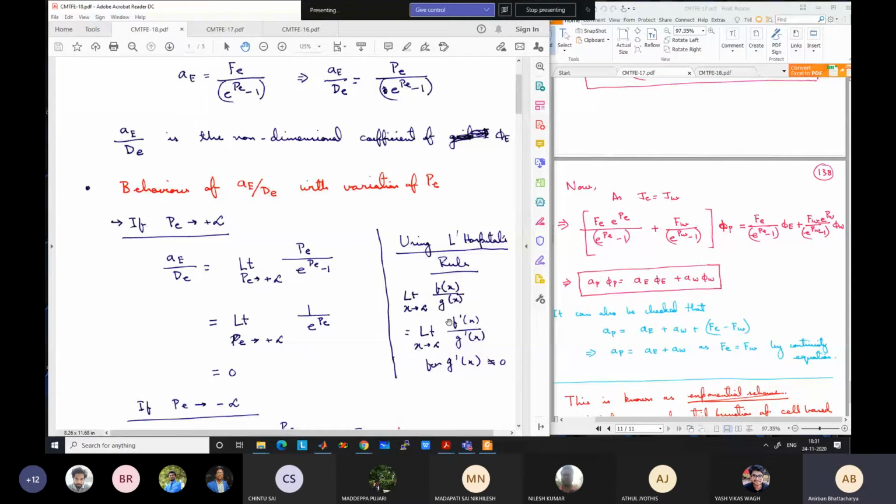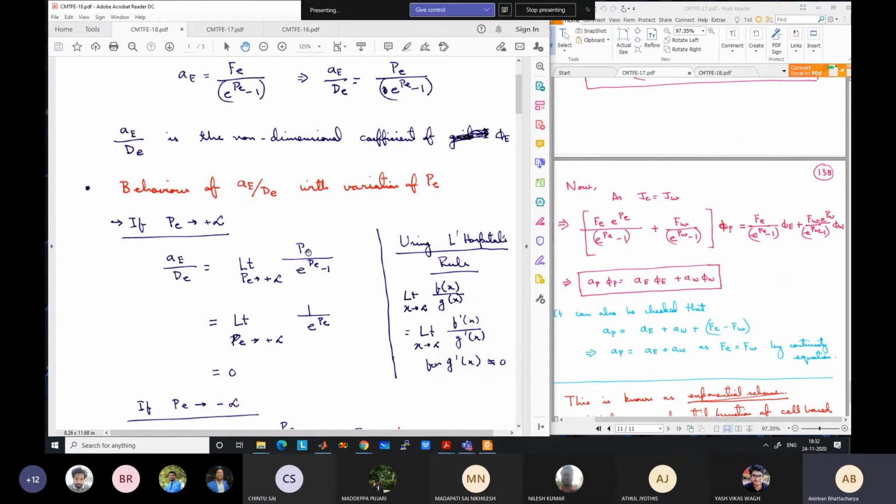These are the first derivatives, and this rule is valid only if g dash x is not equal to 0. This helps us solve many situations where it is tricky to find the limit. So we are going to use L'Hopital's rule, and we will take the derivative of the numerator and denominator with respect to P, because P is our variable.